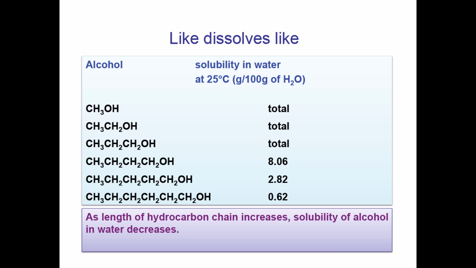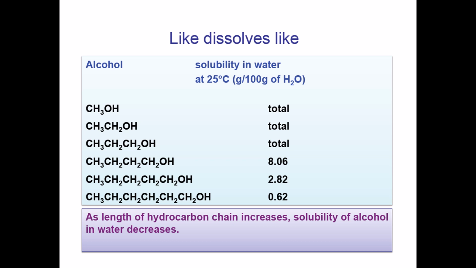And we see that with the solubility over here. So our short, small alcohols are totally soluble in water because the hydrogen bonding is most important. But as this hydrocarbon chain gets longer, solubility decreases. Even though it still has the same ability to hydrogen bond, that no longer becomes the dominant force.